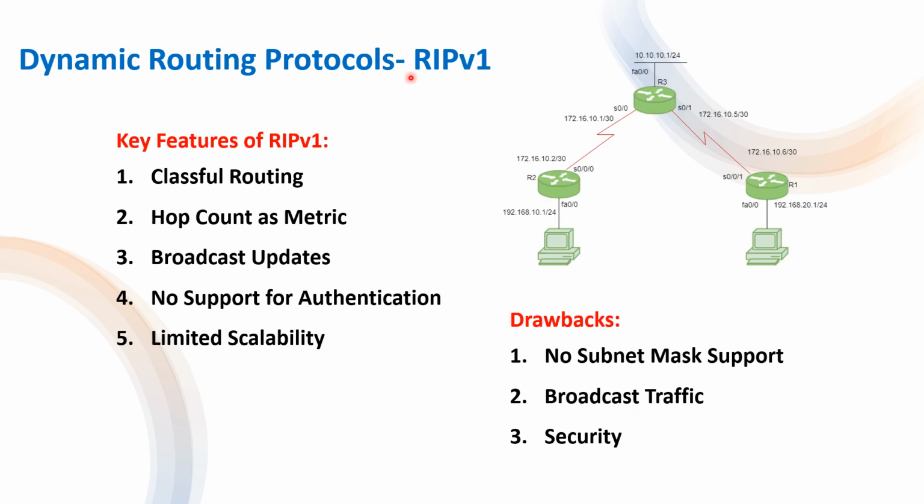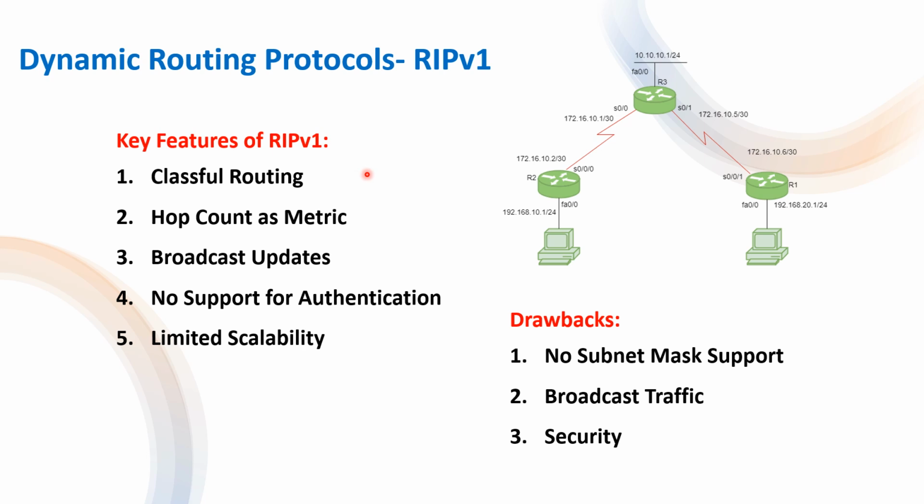RIP version 1 is the original version of the Routing Information Protocol, a distance vector routing protocol used to determine the best path for data within a network based on the hop count. Here are its key characteristics. Classful routing: RIP version 1 does not support subnetting or variable length subnet masks.